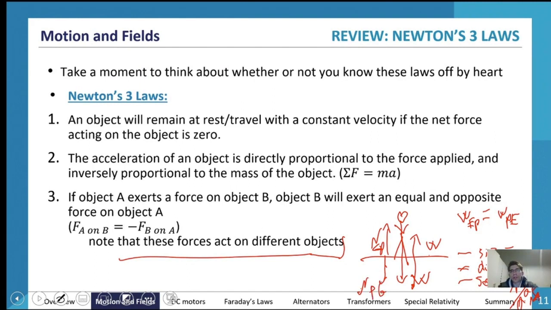So those are the action-reaction force pairs that we usually talk about. What you've learned before, that the normal force is the reaction force of the weight force, that is not true, at least not according to the third law of motion.